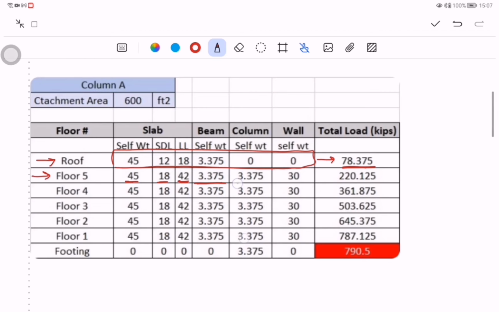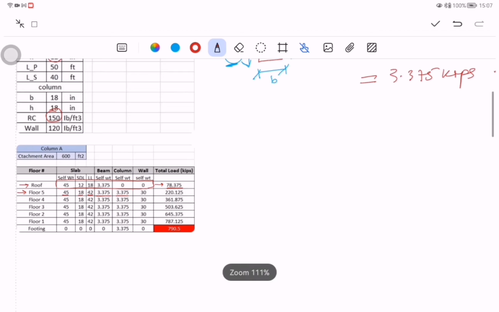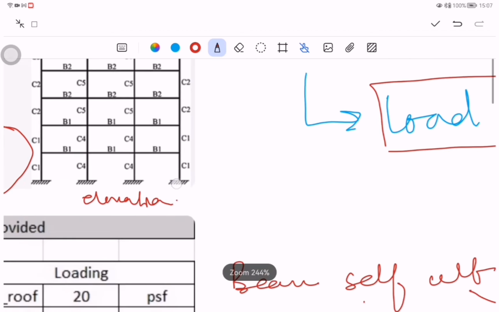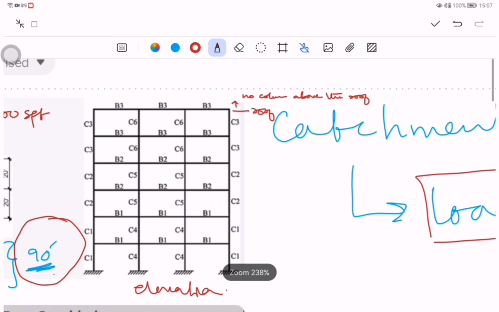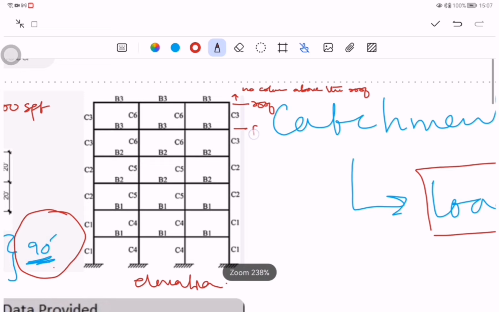Now there will be self weight of the column, because there is a column. So this is your floor 1. At floor 1 there is self weight of this column, whose clear height is 10 feet, right?